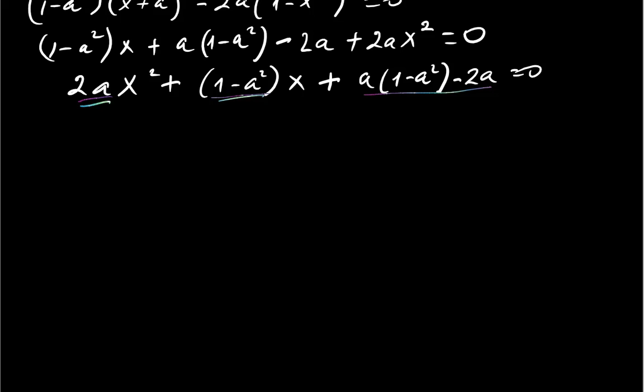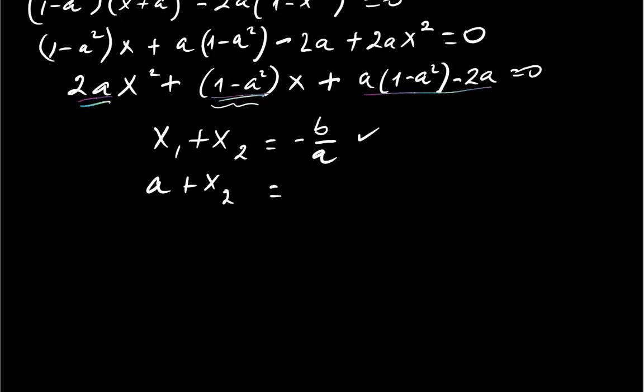Now let's apply what we know. We know that x1 plus x2 is equal to minus b over a. We know that, right? So let's apply that. We know x1, we said it was a, so a plus x2 is equal to minus b, but b being that is a squared minus 1, over a.